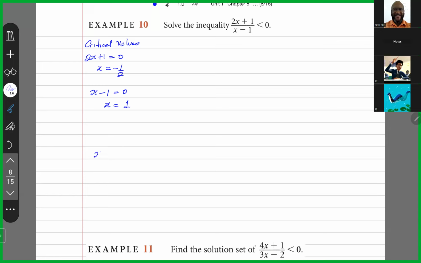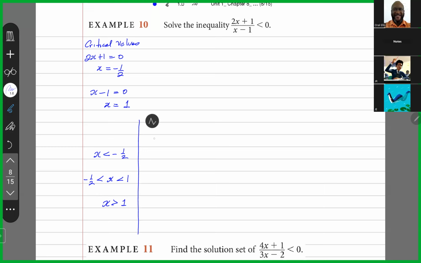We're looking at values of x which are less than minus a half, values of x less than 1 but greater than minus a half, and values of x greater than 1.